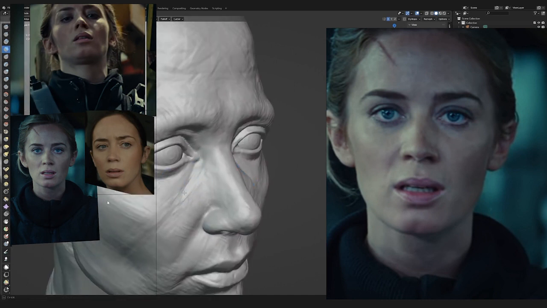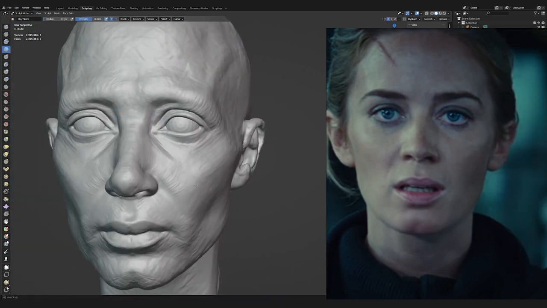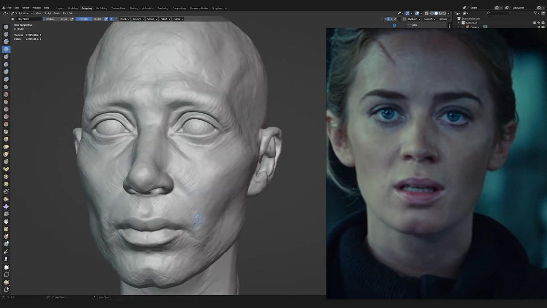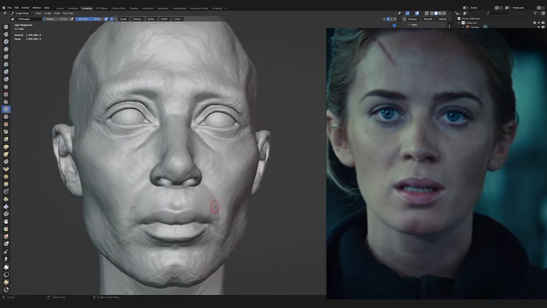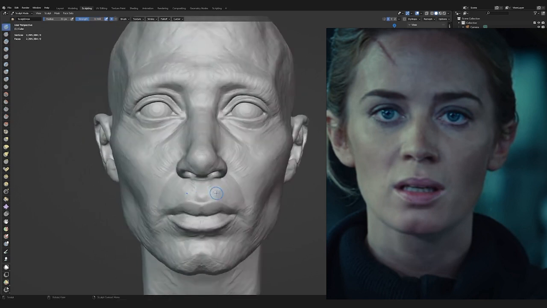I'm thinking of Robert De Niro when I think of moles on a face that really contribute to the essence of a face.